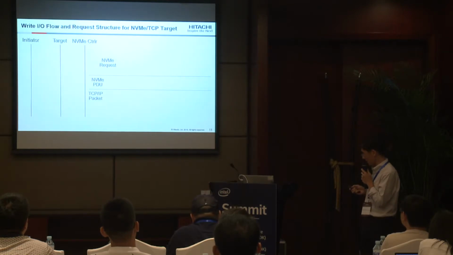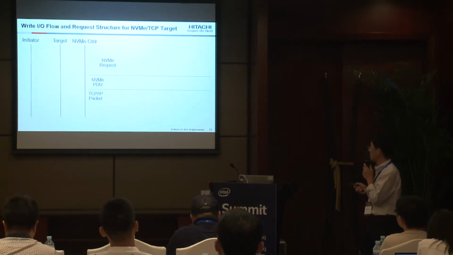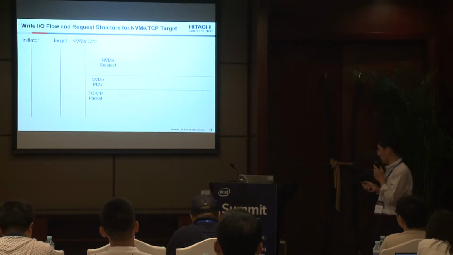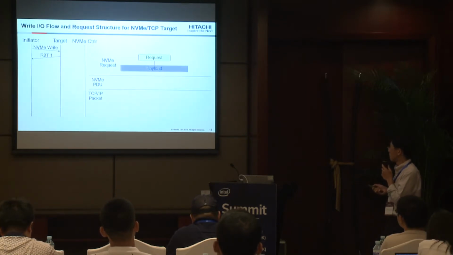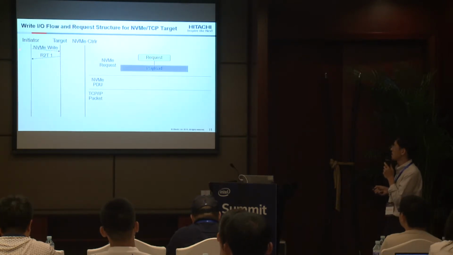But the NVMe over Fabrics target is slightly different about I/O flow and structure. Let me explain this. The initiator sends out an NVMe write, which is almost the same as a SCSI write.